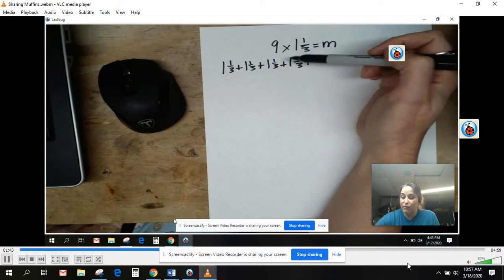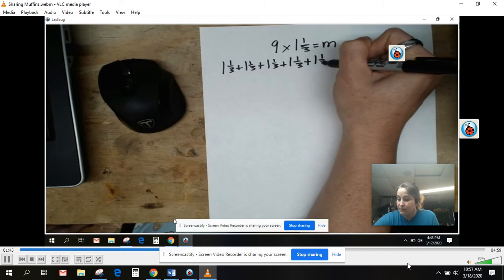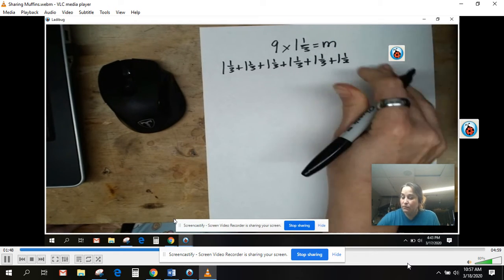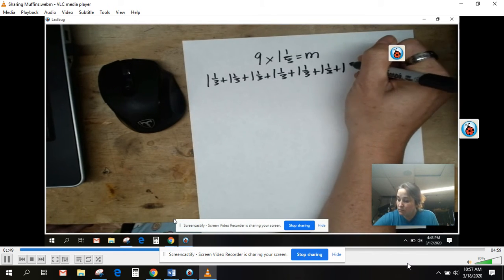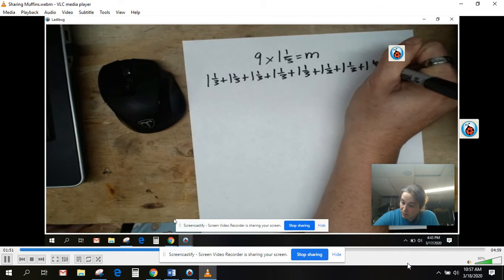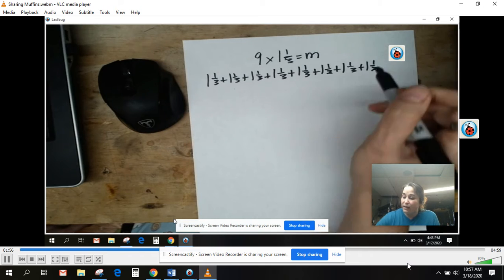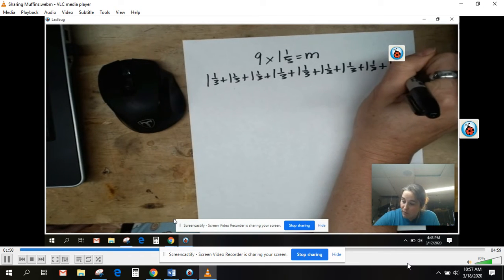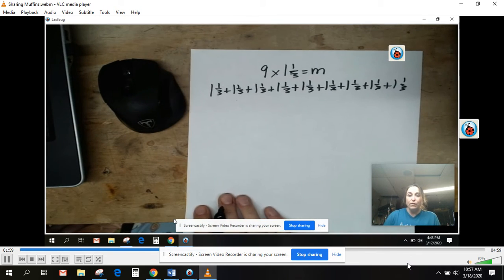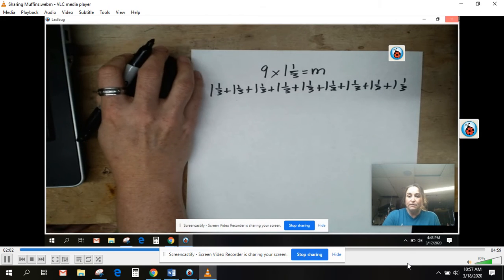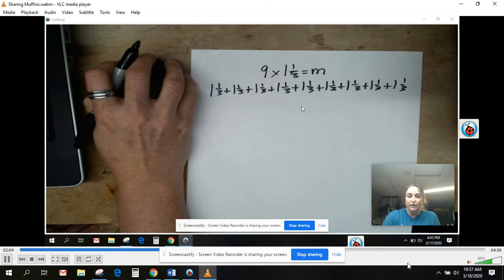So 1, 2, 3, 4 groups, 5 more groups is needed. So we've got 1, 2, 3, 4, 5, 6, 7, 8. I need 1 more group of 1 and 1/3. So looking at that, let's go ahead and move that out of the way.